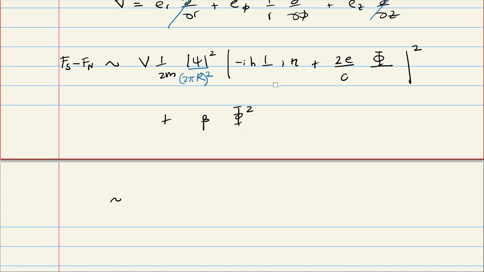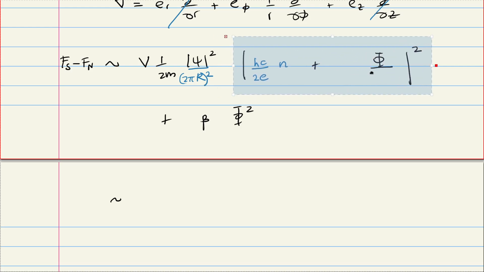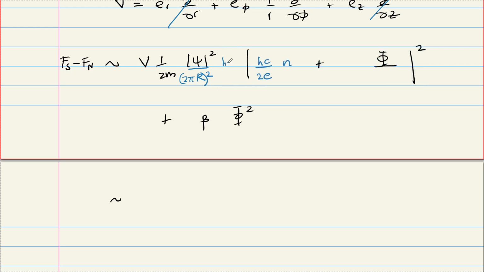Now I can raise h bar, and minus i and i is gone, so this is h n, and I want to write it like hc over 2e outside, or 2e over c, squared.